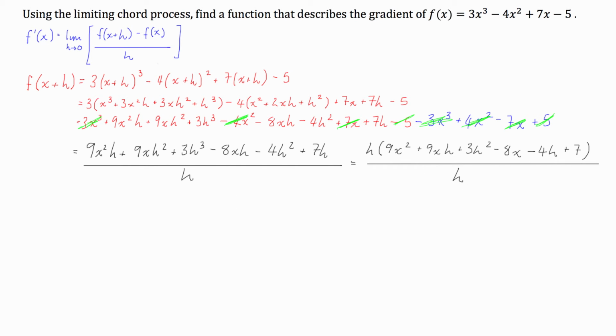Okay, so once we've got to here, we can cancel out these two h's, and we can introduce the limit. So we can say that f prime of x is equal to the limit as h approaches 0 of 9x squared plus 9xh minus 8x minus 4h plus 7.